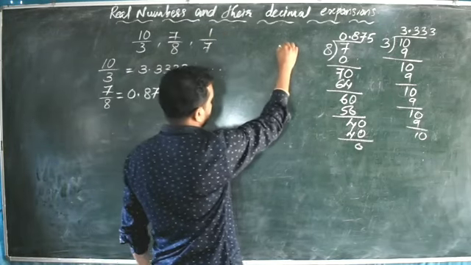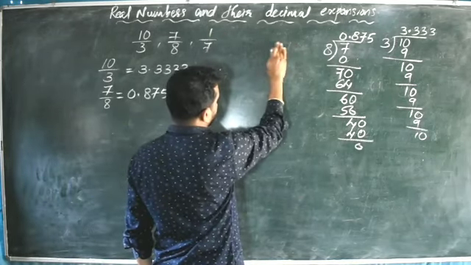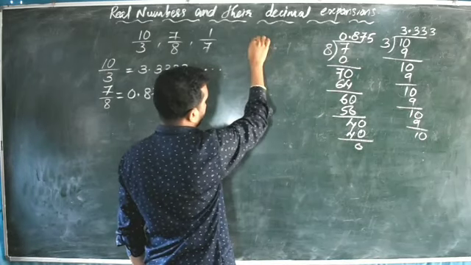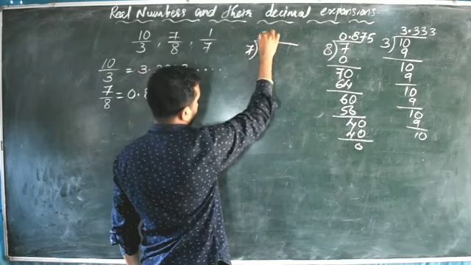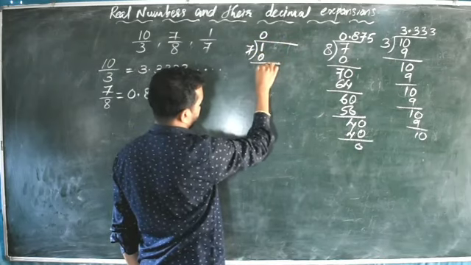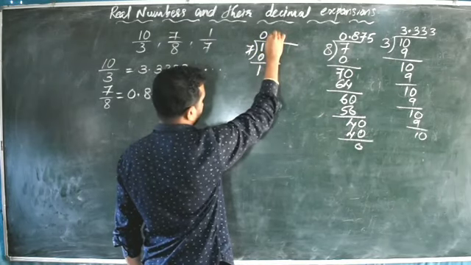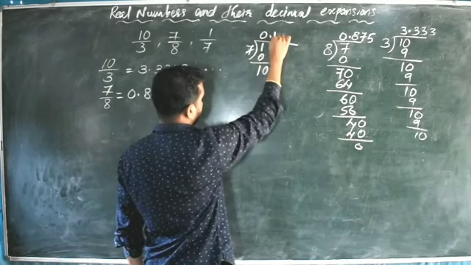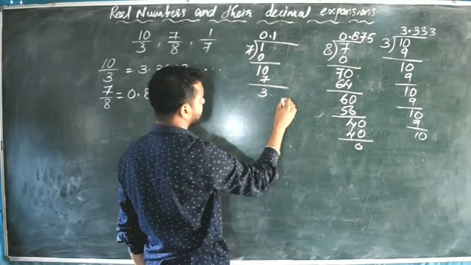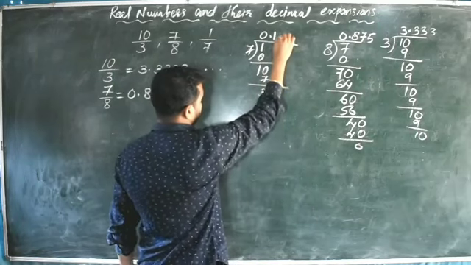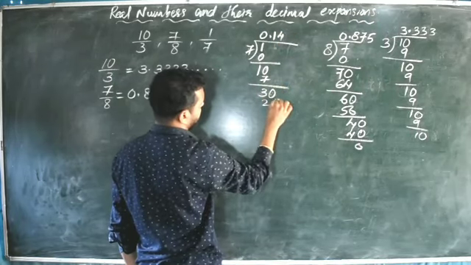1 divided by 7. 1 by 7 is not possible. 0 into 7, 0. Remainder 1. You put the point here and 0 here. 7 ones are 7. Remainder 3. Then 0. 7 fours are 28.